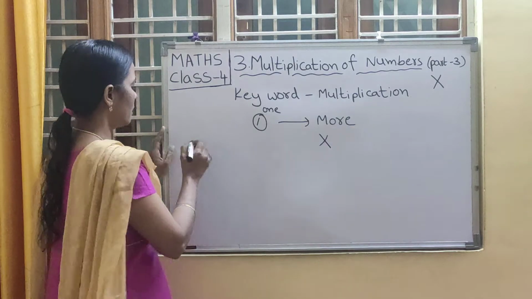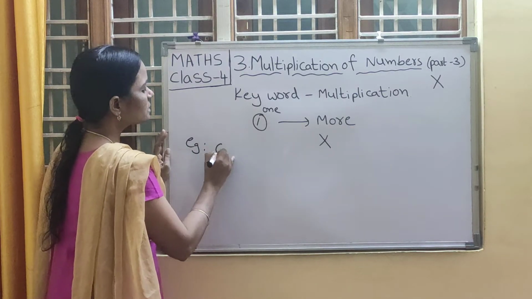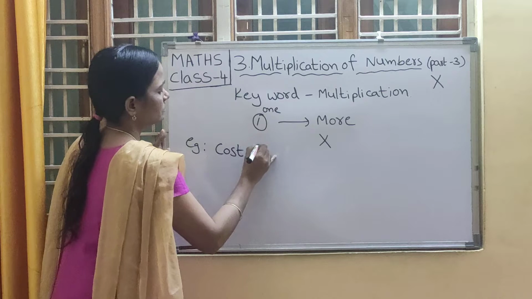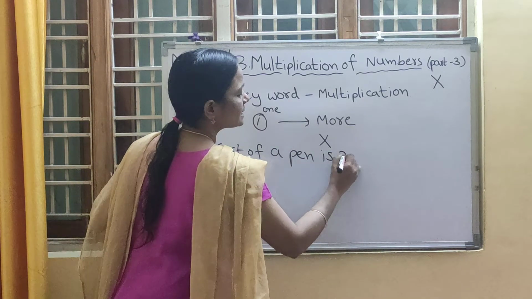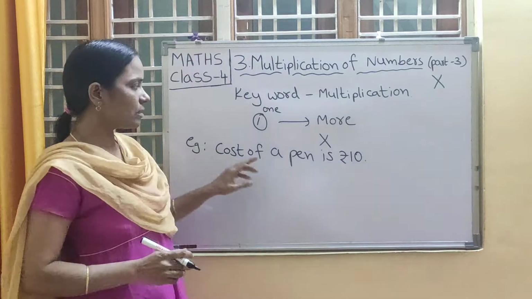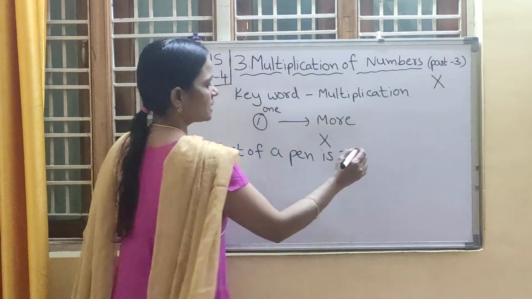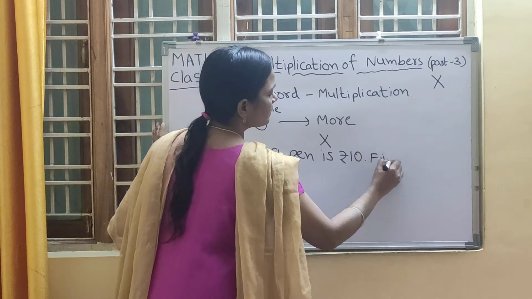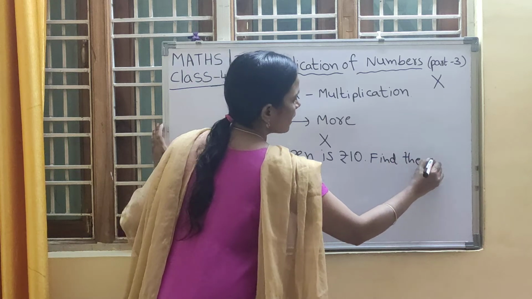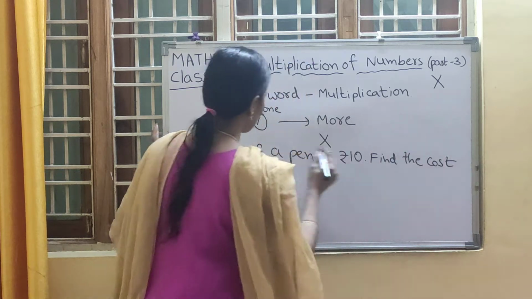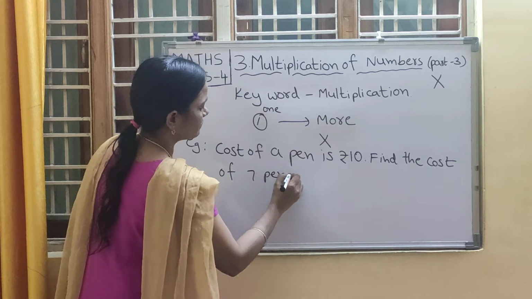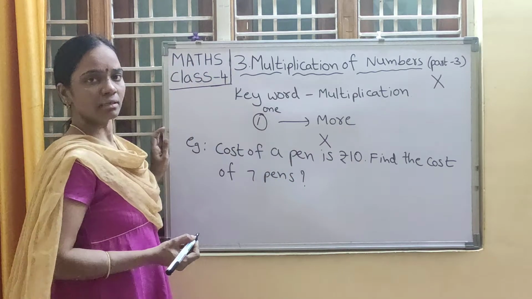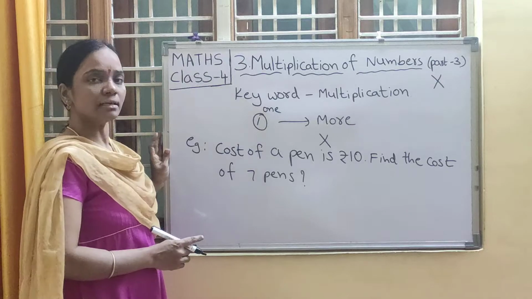For example, the cost of a pen is 10 rupees. Then find the cost of 7 pens. Okay, here once read the problem.